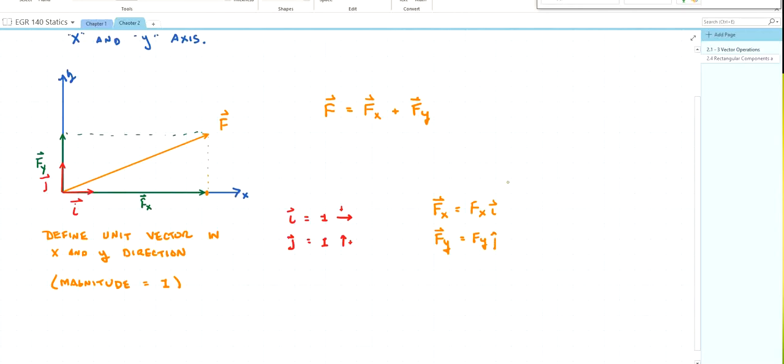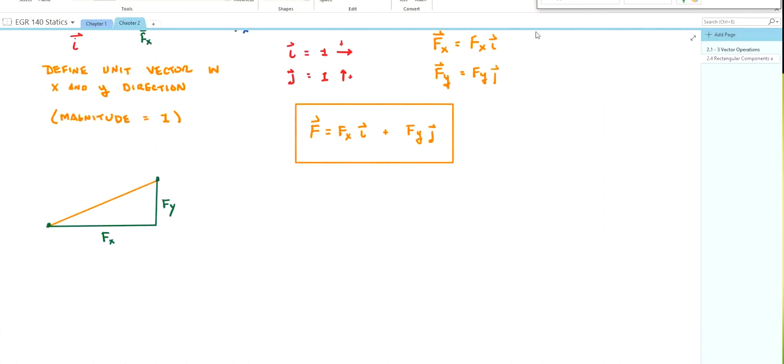Sometimes I put a caret, sometimes I put the hat like this, but they both mean the same thing. They're vectors. So then F, the vector, equals the component in the x direction times i plus the component in the y direction times j. And I guess that's important enough to put a box around.